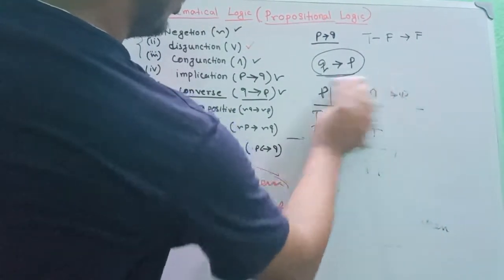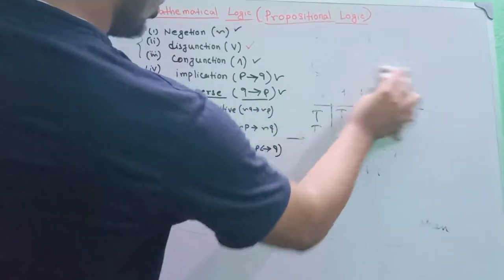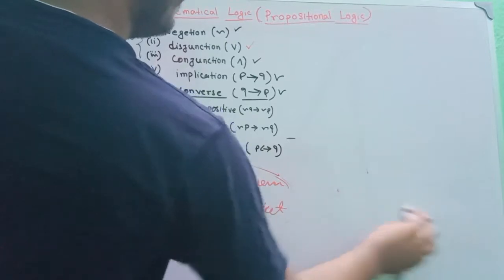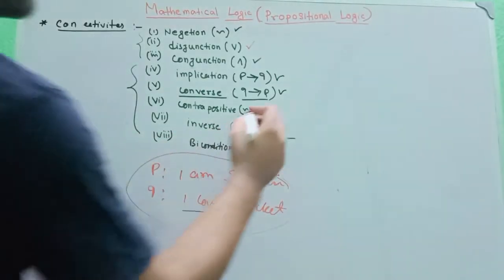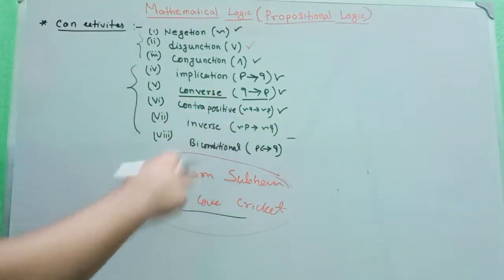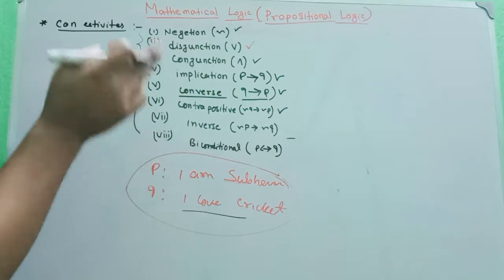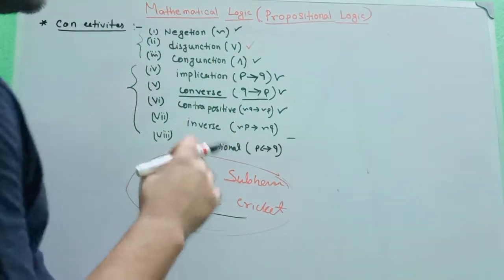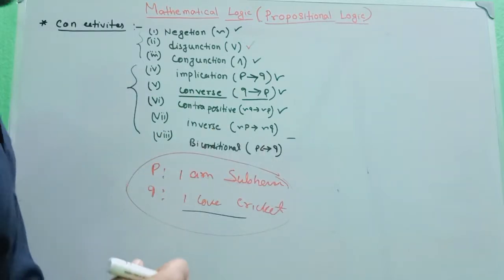Next, coming to the topic of contrapositive. Contrapositive means just converse, but before the converse both sides have a not, or negation.